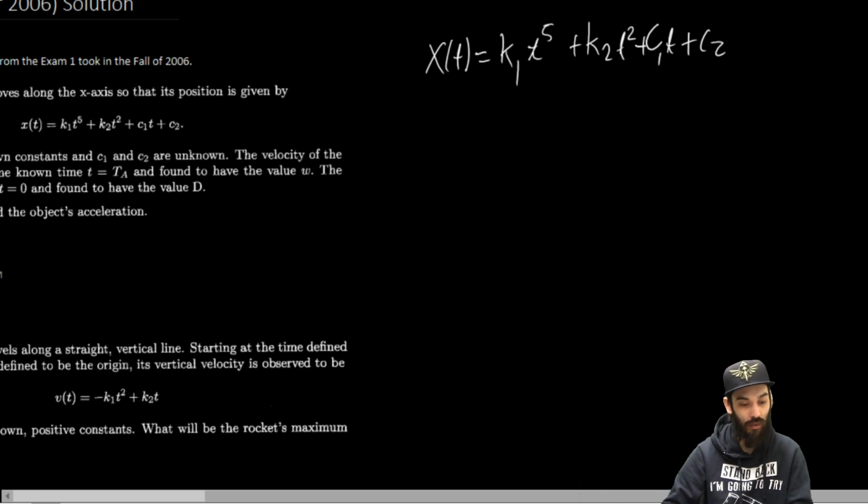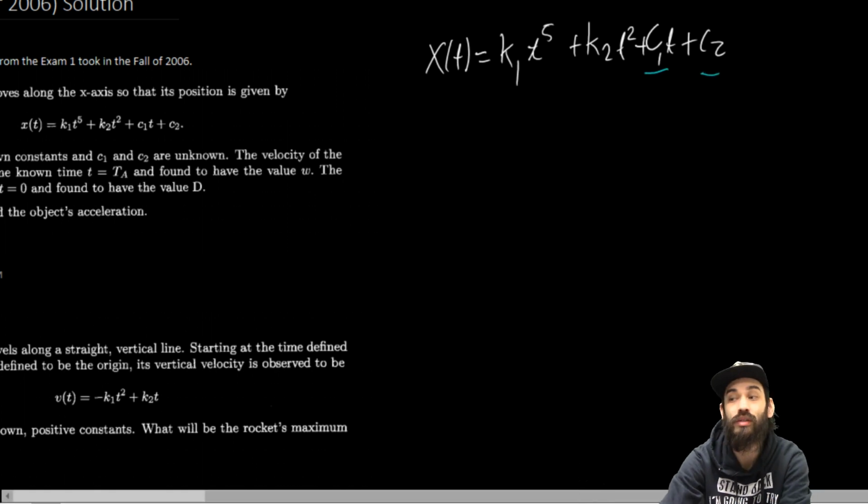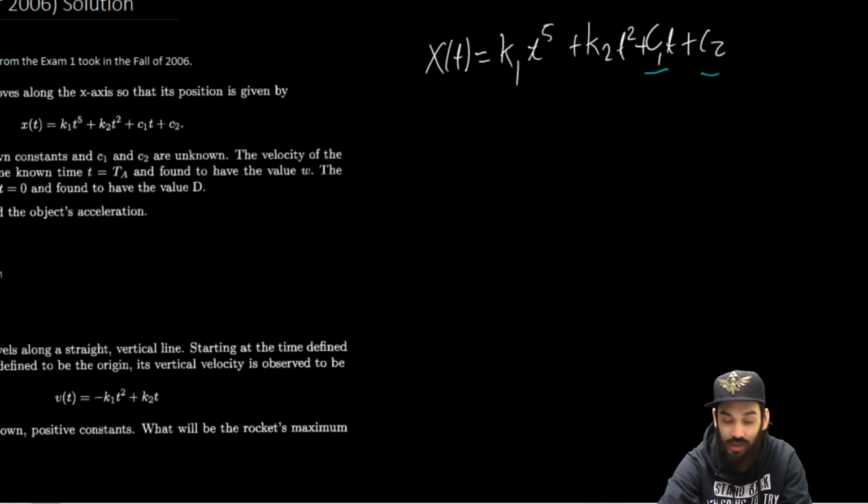Okay. Now, we're told something about the initial position. And to remind you, we don't know what c1 is, and we don't know what c2 is. But because we're told something about the initial condition, we can solve for c2 right away.